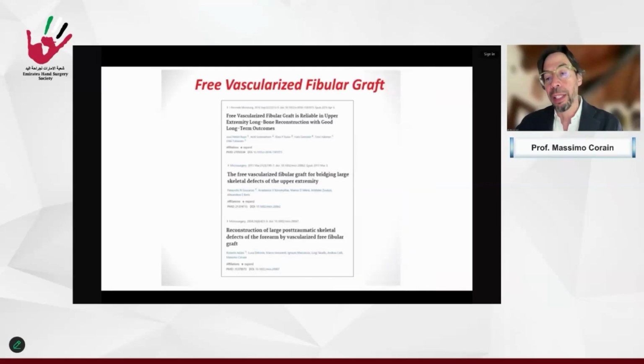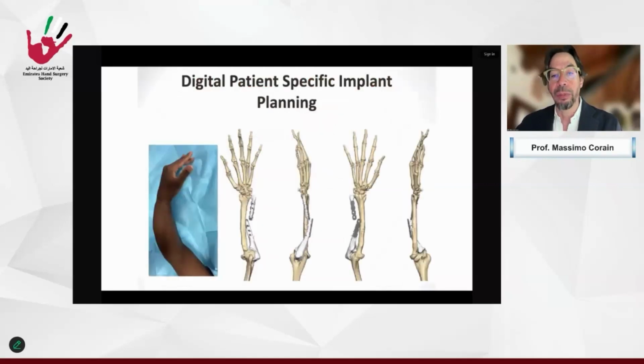The problem in this case was that the forearm was very short, very small, with several holes of the previous surgeries and the retraction of the soft tissue. And for the pre-op planning, the problem was that I had to decide how long was the ulna in order to understand how much fibular graft I had to take off.